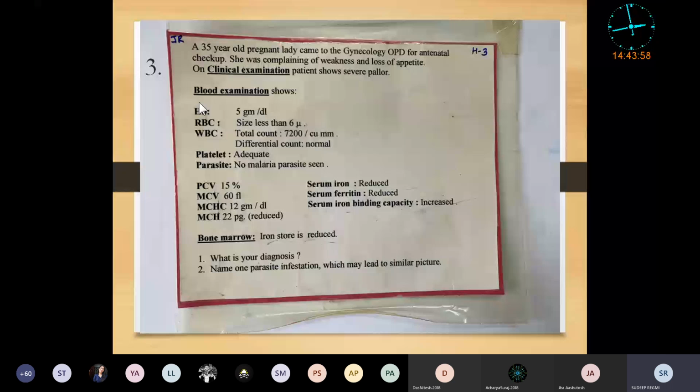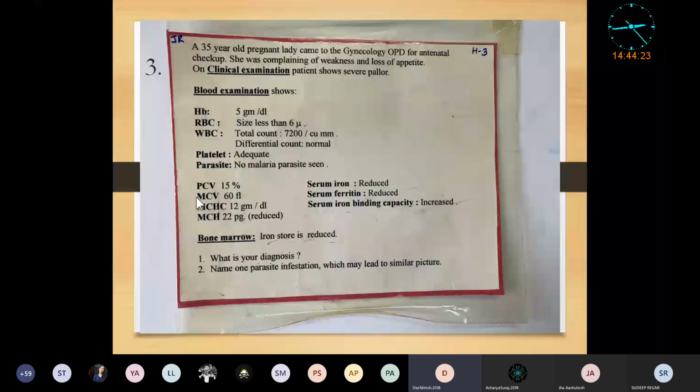PCV here you see decreased, MCV is decreased, MCV is 60 femtoliter. So what does this signify? What does this MCV signify?